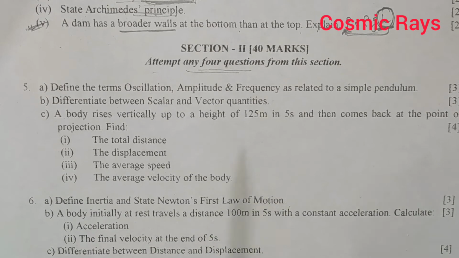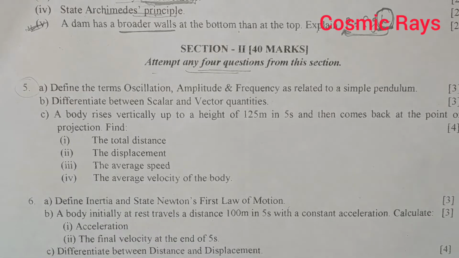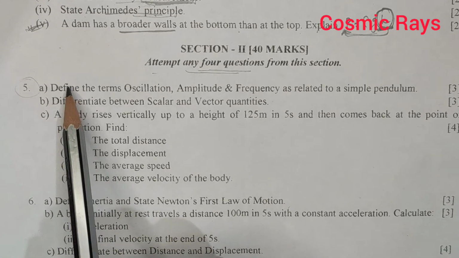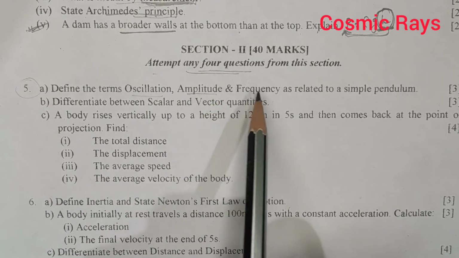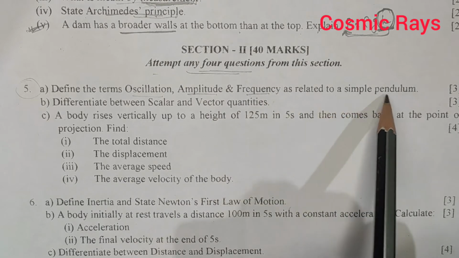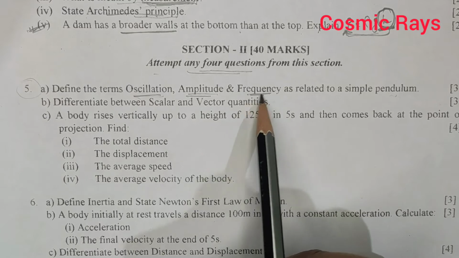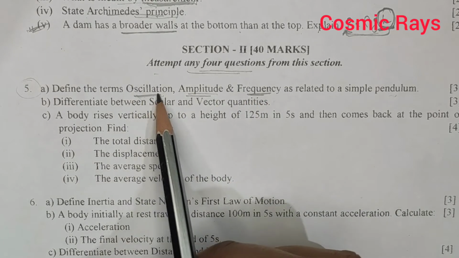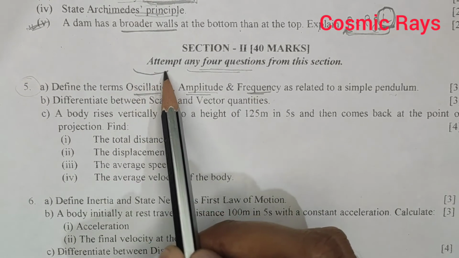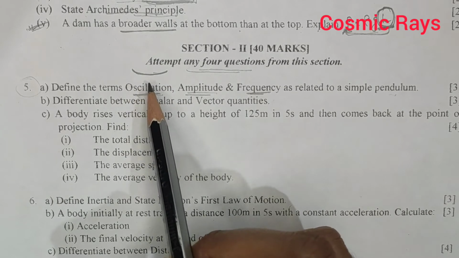Now the first question of section 2, that is question number 5, says define the terms oscillation, amplitude, frequency as related to a simple pendulum. So 1 mark you get directly for one definition. Oscillation is one complete to and fro motion of the simple pendulum.